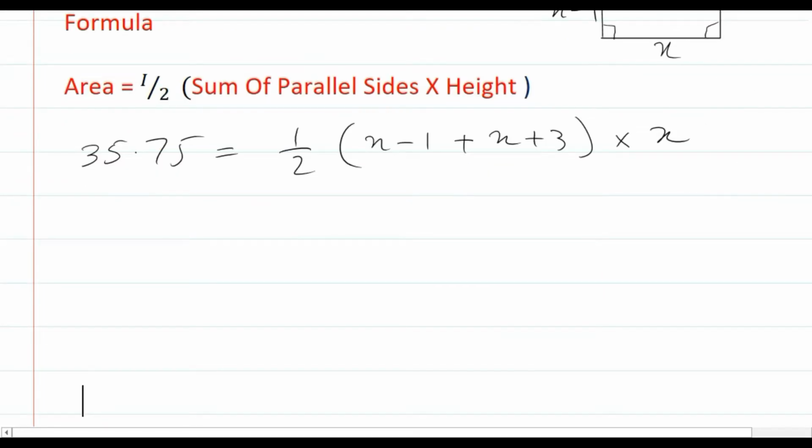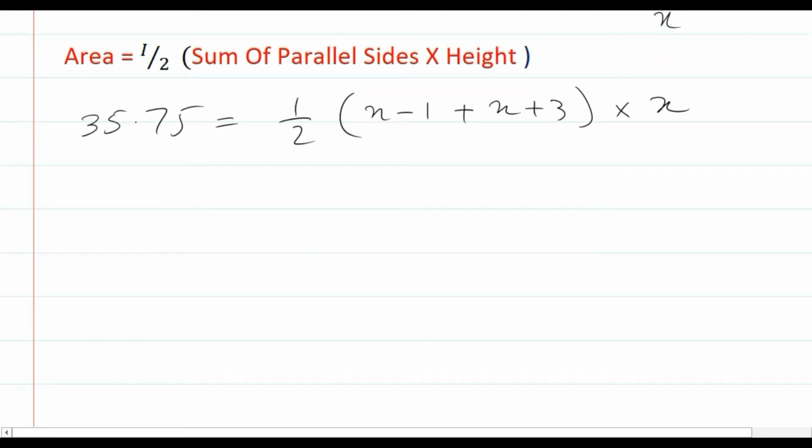So on simplification, you will get 2 times 35.75 is equal to x times 2x plus 2.